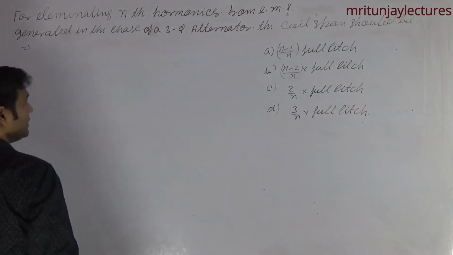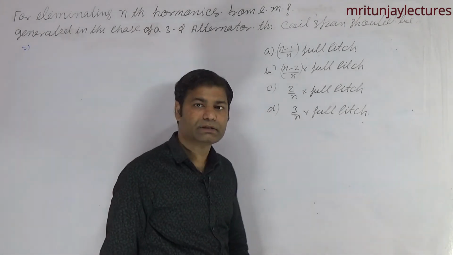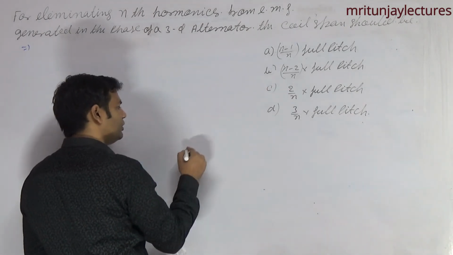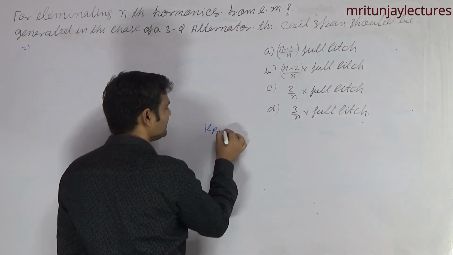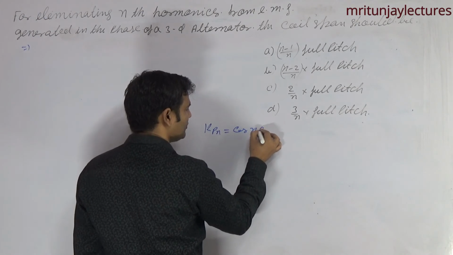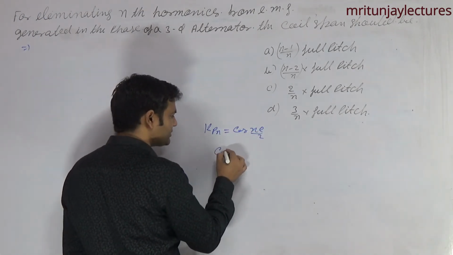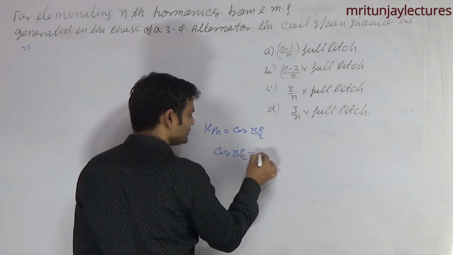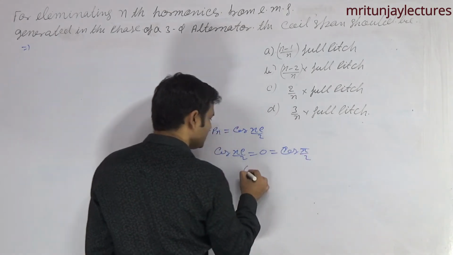Now our motto: focus on the coil span to eliminate the nth harmonic. I know that the pitch factor Kpn equals cos n rho by 2. To eliminate the nth harmonic, cos n rho by 2 equals 0, that is cos pi by 2. What about rho?